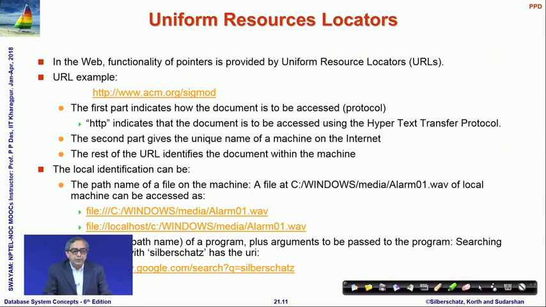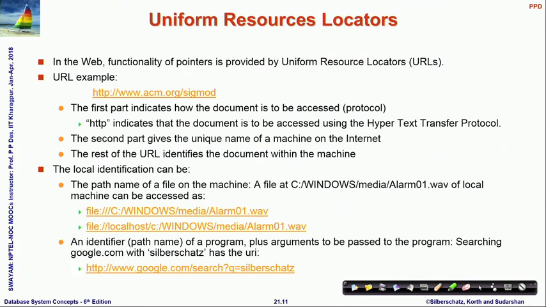A URL can be used in multiple other ways also. For example, I can use a URL locator to specify a file on my machine. I have shown an example of an AVI file in my C drive in Windows, and that is done through a similar URL where the protocol is not HTTP, the protocol is file, telling me that it is actually residing on my local machine.